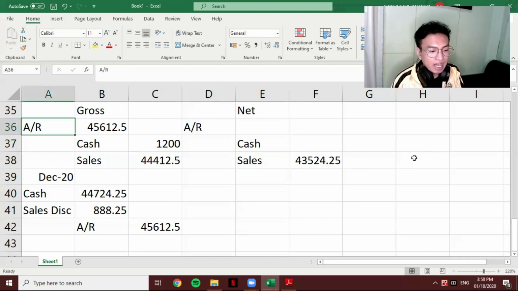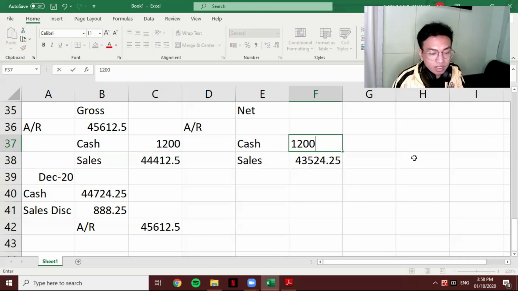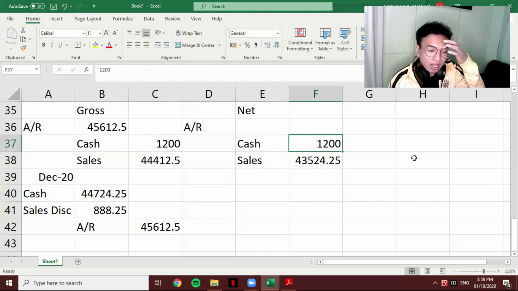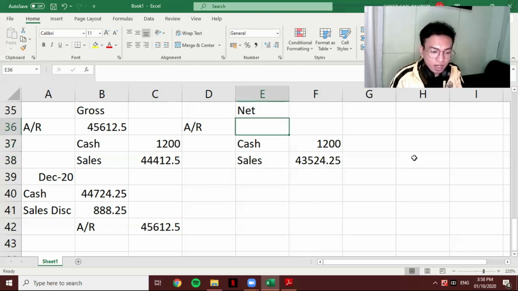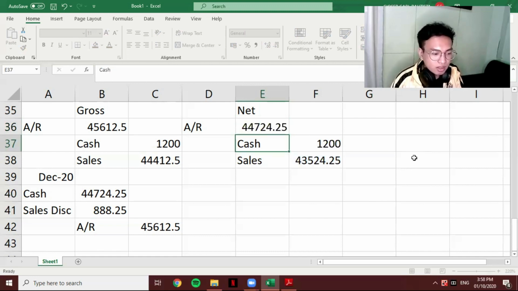So our cash is still 1,200 for the freight in of the customer that we paid. So our AR here ay this one and this one.